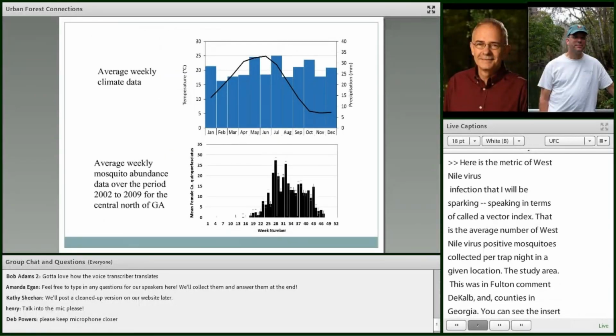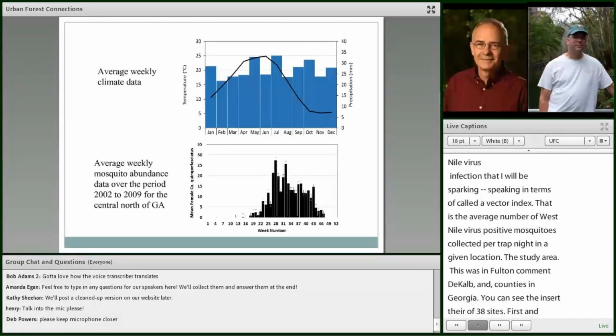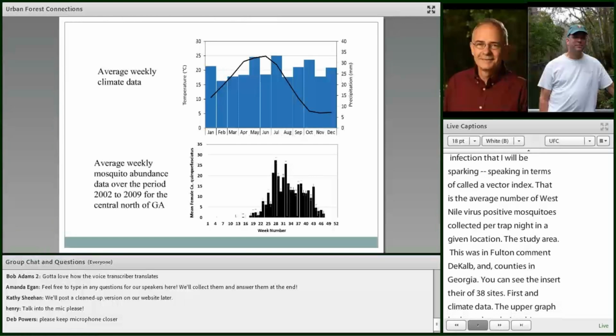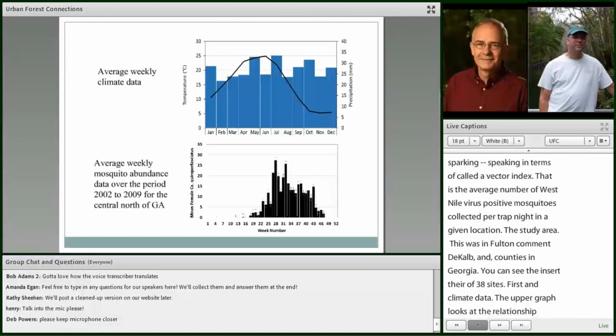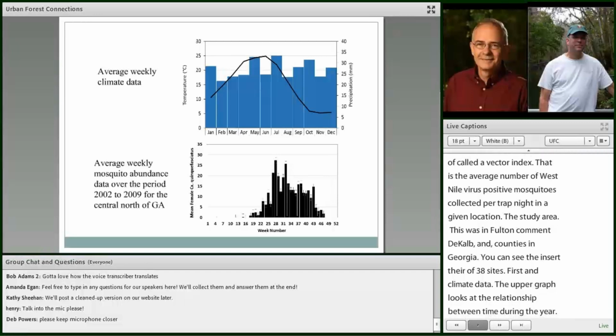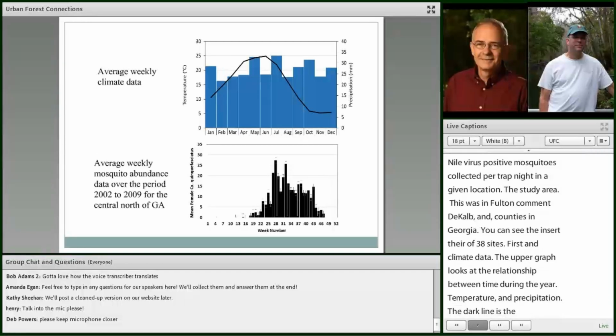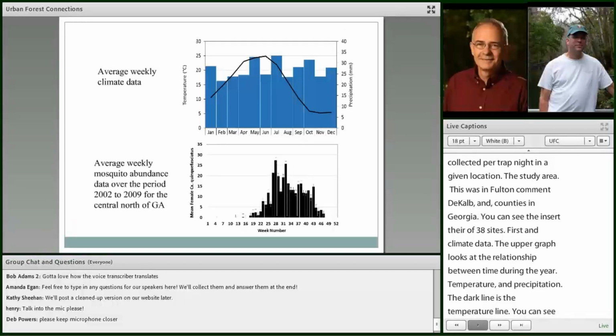First, some climate data. The upper graph looks at the relationship between time, the period of the year, temperature, and precipitation. The dark line is the temperature line. You can see it peaking in about May or June. Precipitation peaks high in May, also in July.